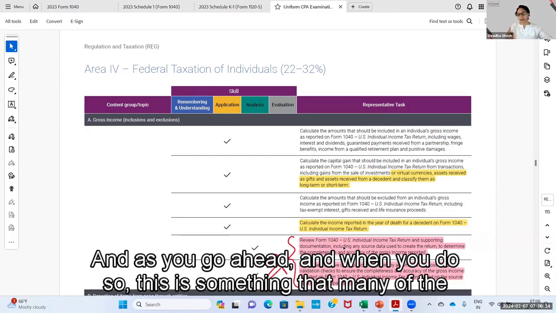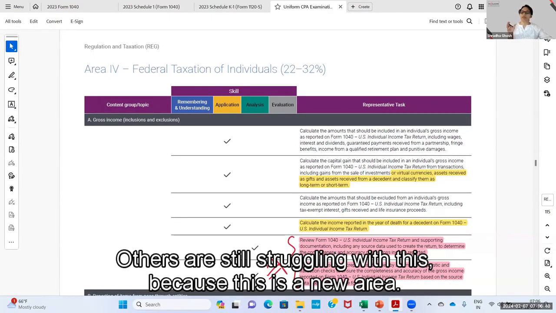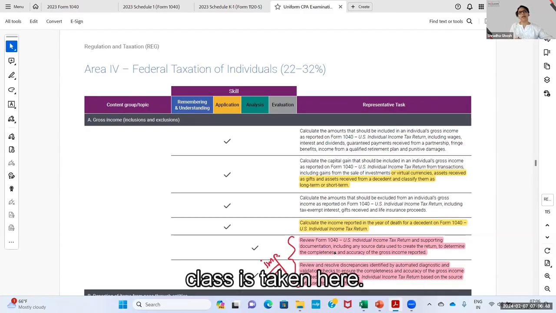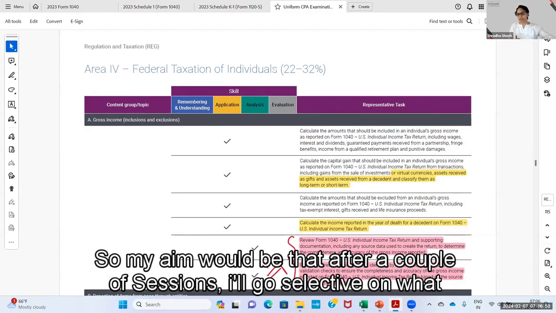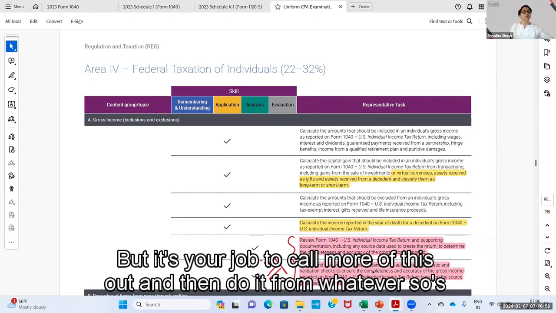This is something that many of the content providers have; others are still struggling with this because this is a new area. I will try to give you as many as I can, but a full class is taken here. So my aim would be that after a couple of sessions, I'll go selective on the topics that I feel will benefit the most. But it's your job to cull more of this out, from whatever source possible.